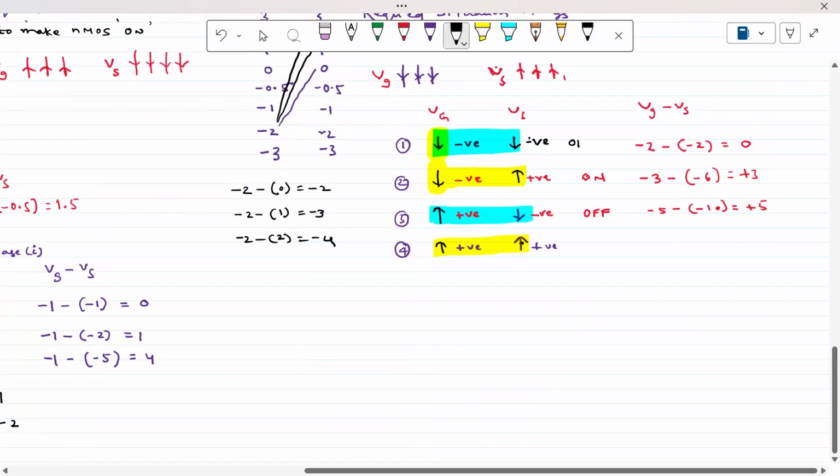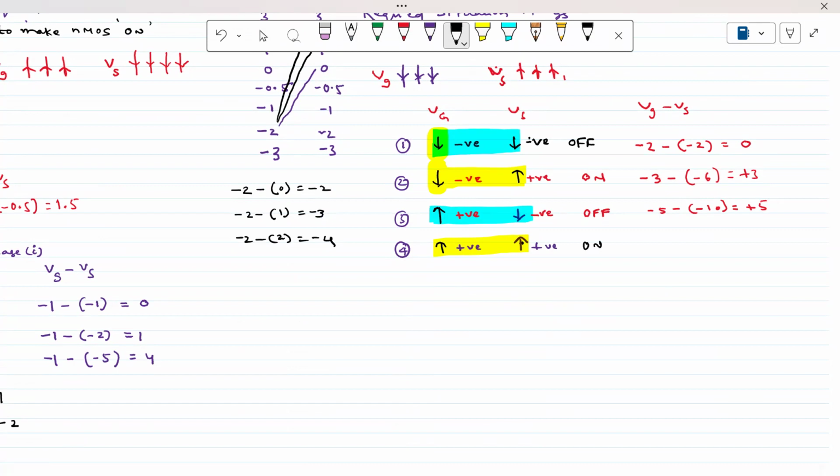Okay. Now, what about this condition? It becomes on, definitely. So we'll take one example. What is an example we can give? In the positive direction, for example, +2 volts for VS, minus VG. In the positive direction, what can we give? For example, +3. That this value becomes, what is this?